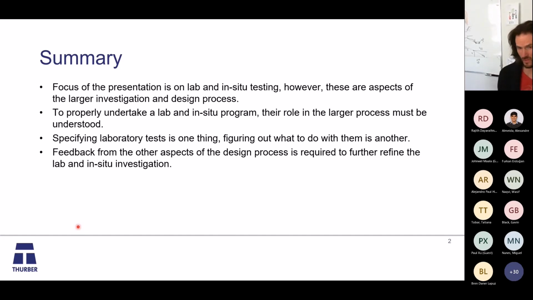Specifying lab tests is one thing. It's easy to say, I want a triaxial, I want a direct shear, I want DSS, but we need to figure out what to do with them and when to use those. To do so, we need feedback from other aspects of the design process to really figure out what we should be doing.